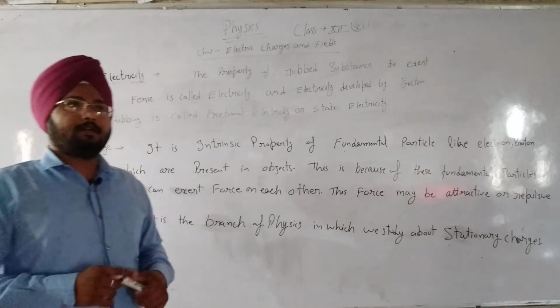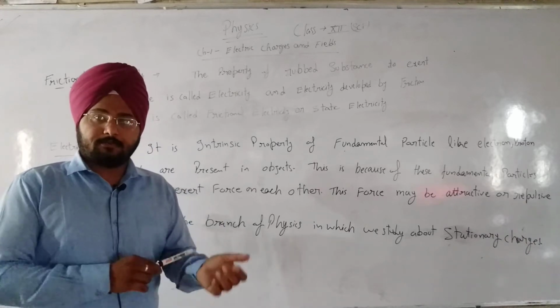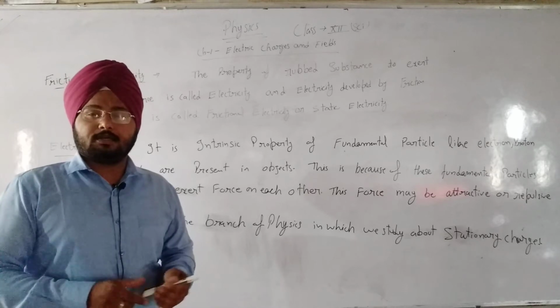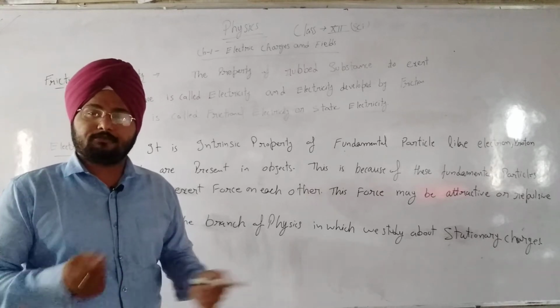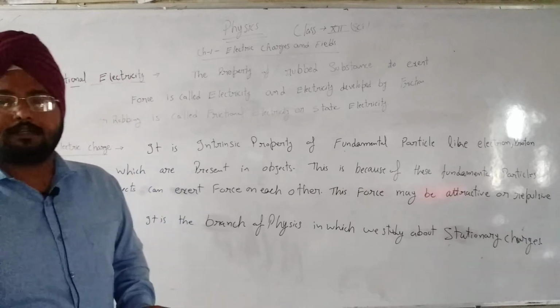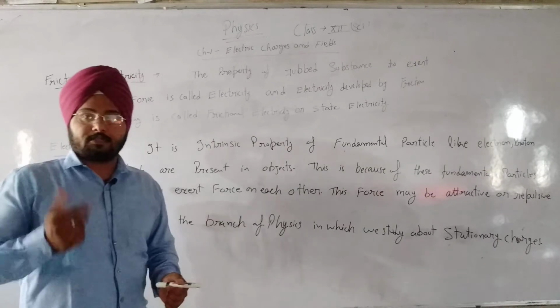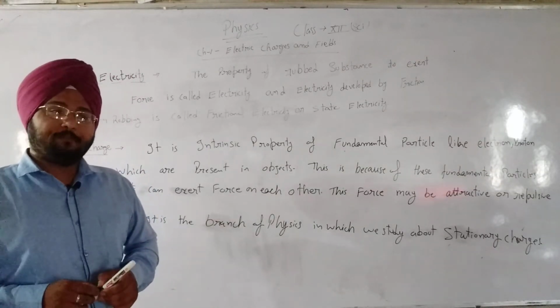Now because the electricity is produced due to rubbing, because we rub the pen with our cloth or with our wool coat, it is due to rubbing, or we can say friction, because when we rub anything then friction is produced. You have studied this in 11th class about friction.